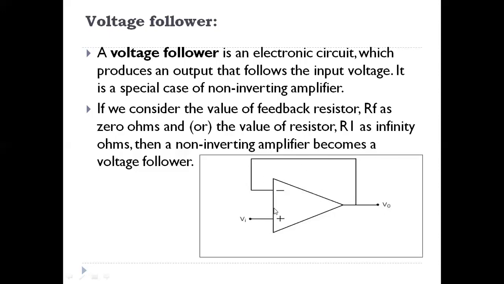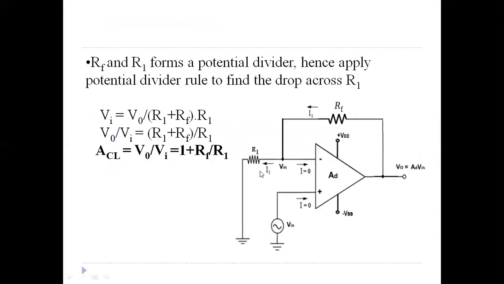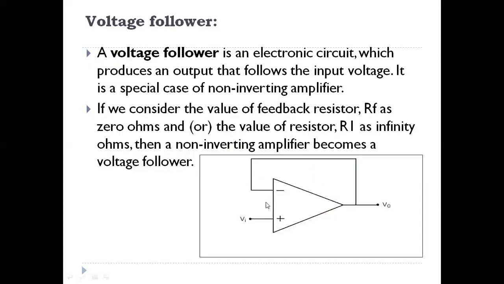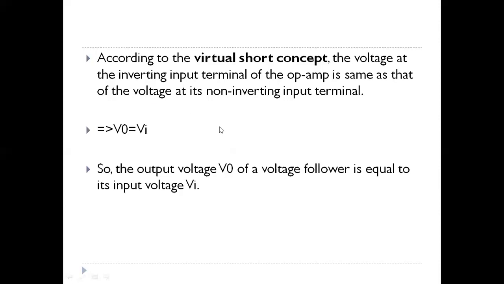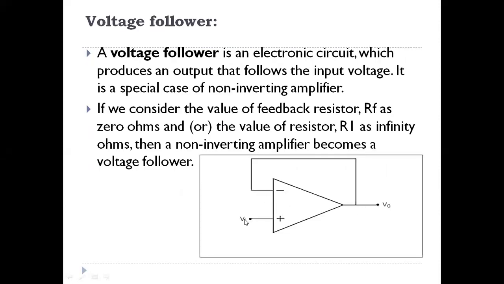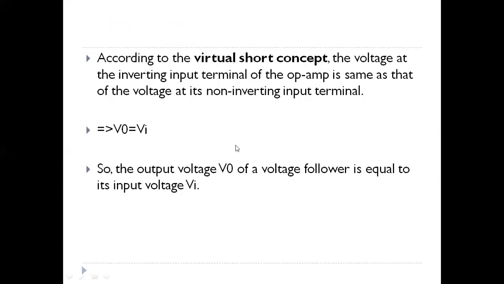This type of circuit is known as a voltage follower because in this case the output voltage V0 is equal to Vi, which we can see from the figure if we substitute RF equal to 0 and R1 infinite. V0 equal to Vi means the output voltage follows the input voltage.